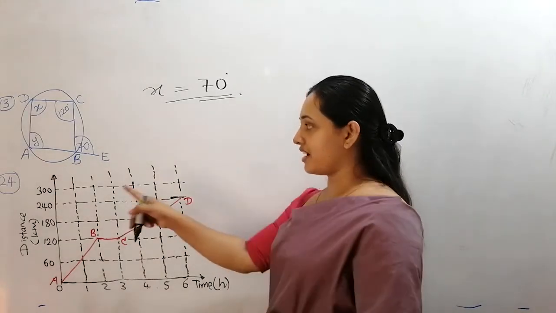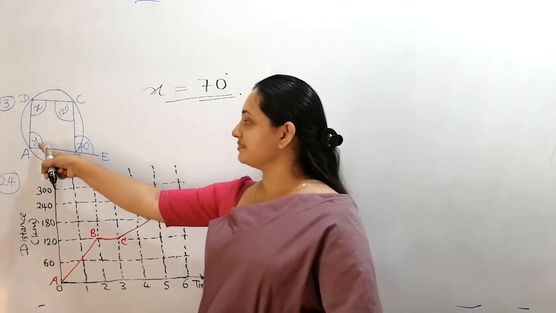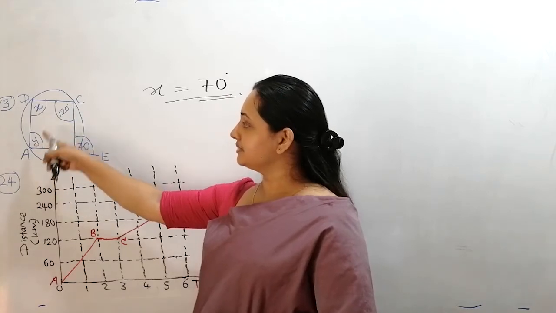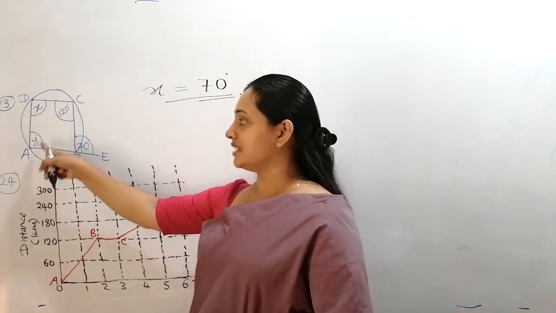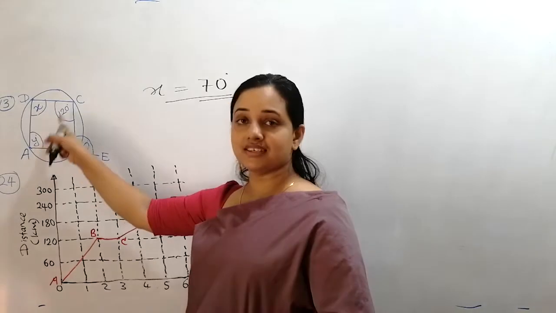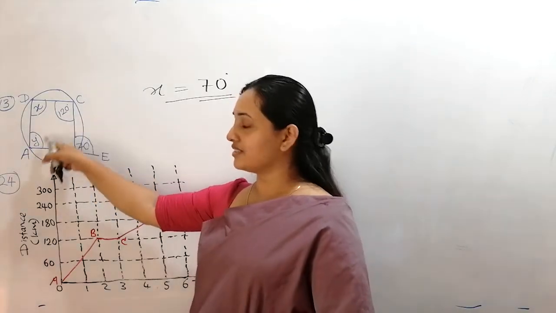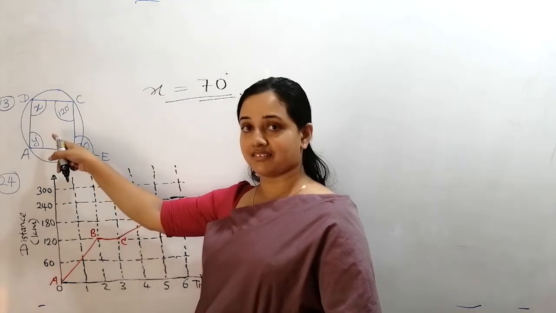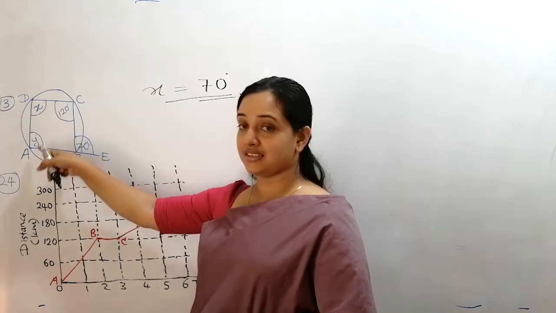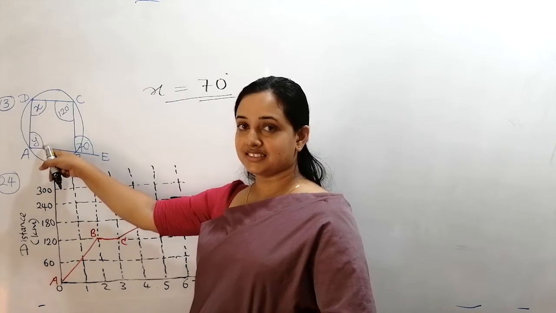Then how can we find the value of y? Look here. 120 degrees and y are the opposite angles of a cyclic quadrilateral. The opposite angles of a cyclic quadrilateral are supplementary. That means their sum is 180 degrees.